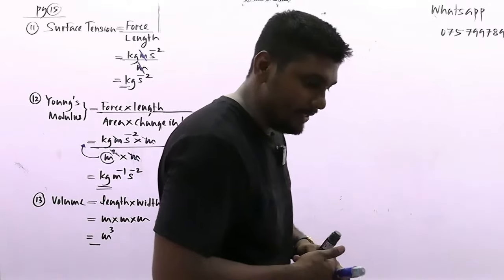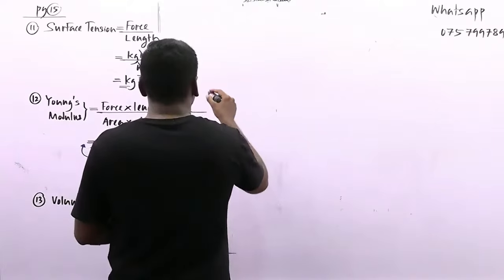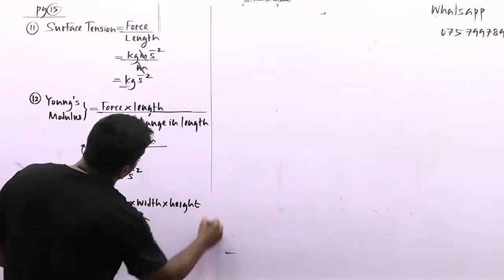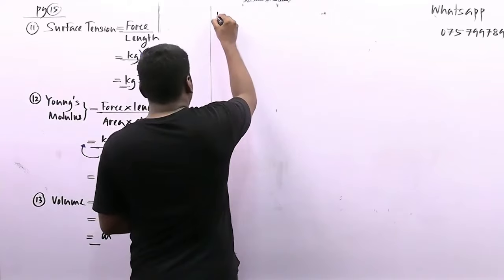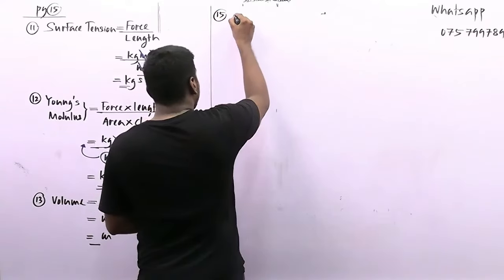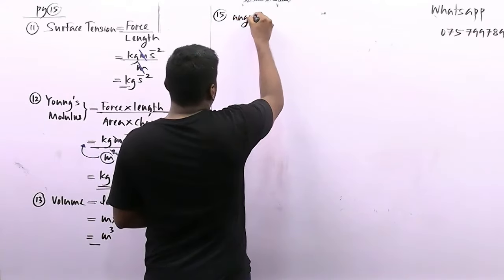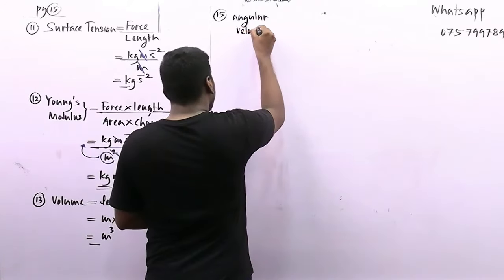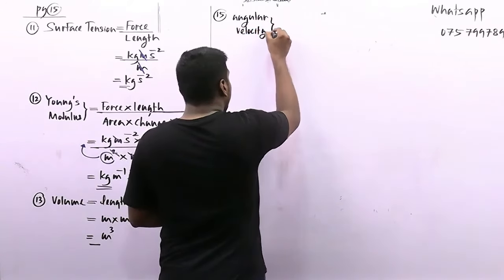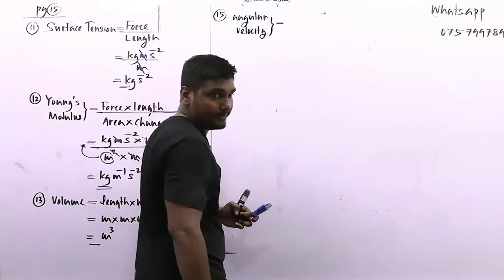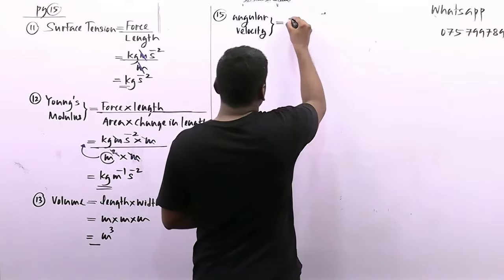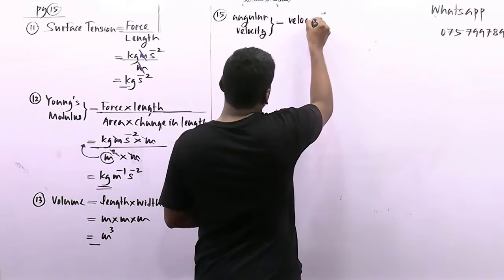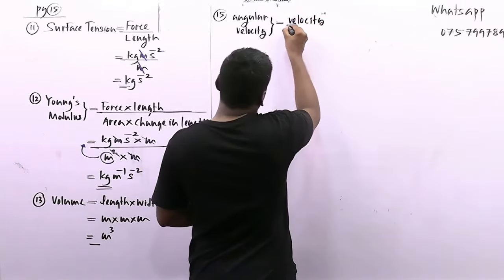15, angular velocity means velocity over radius.